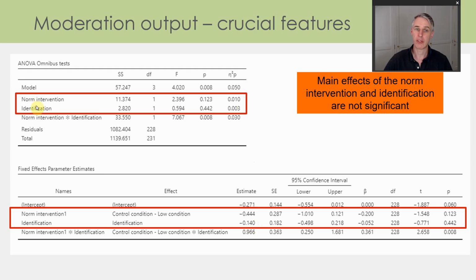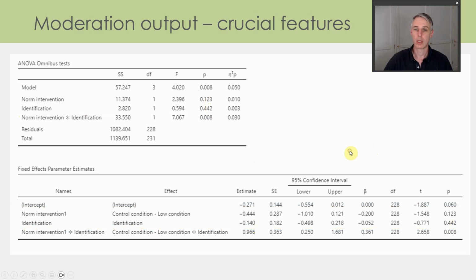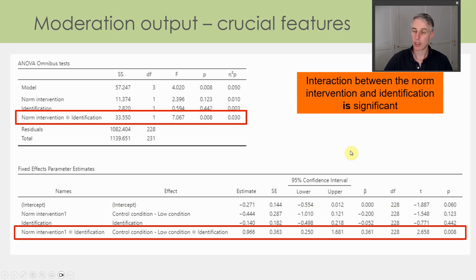So we've got the main effects of the norm intervention and of identification, neither of which were significant. Okay. But the interaction between the norm intervention and identification is significant, 0.008. So one way or another, the norm intervention is having an effect that depends on the level of people's identification with the group.